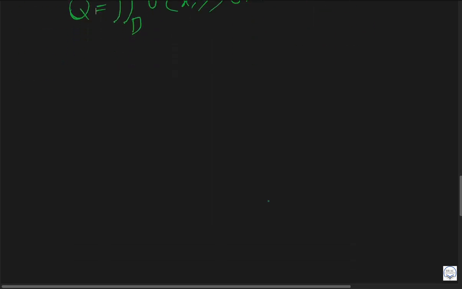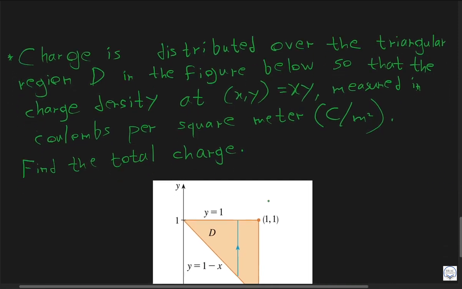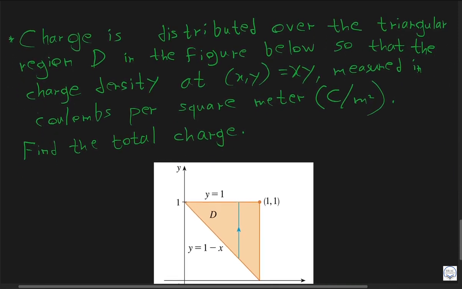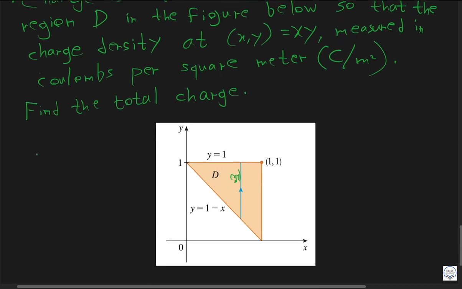We'll use this to solve a problem. The question is: the charge is distributed over the triangular region D in the figure below, so that the charge density at the point x comma y equals xy, measured in coulombs per square meter.